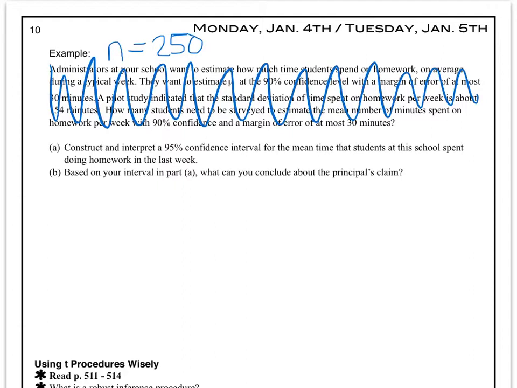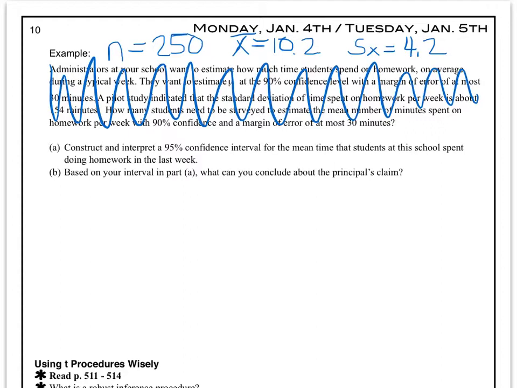The sample mean was 10.2 hours, and the sample standard deviation was 4.2 hours. I'm going to talk us through a lot of this, simply because I don't have enough room to write it. So the first thing is we would state.